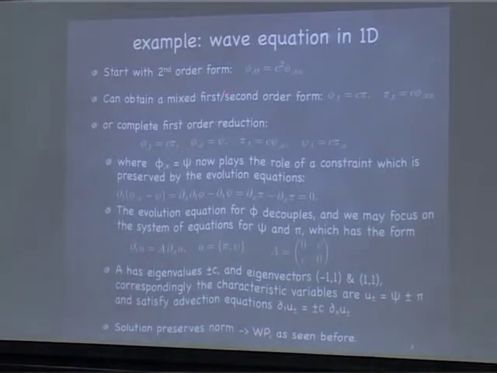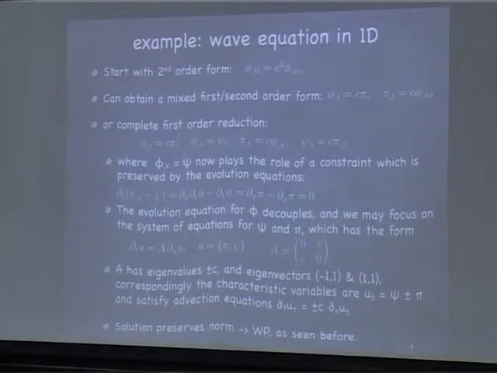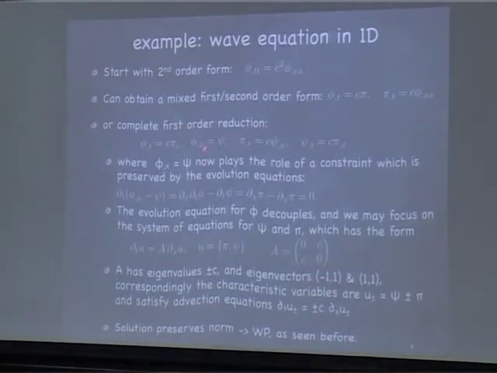We could also reduce it completely to first order and introduce even more variables. Here we have introduced the variable psi, which is just phi comma x, and with psi we can now write down the evolution equations for pi and for psi.